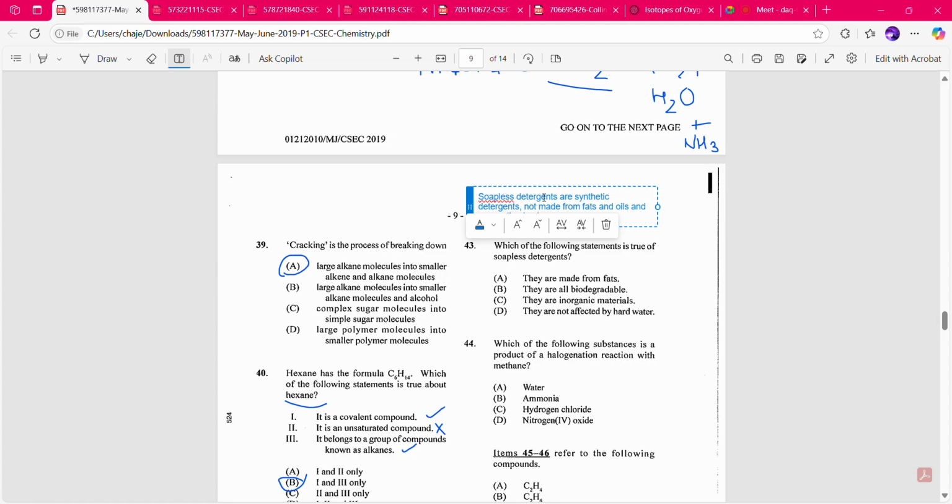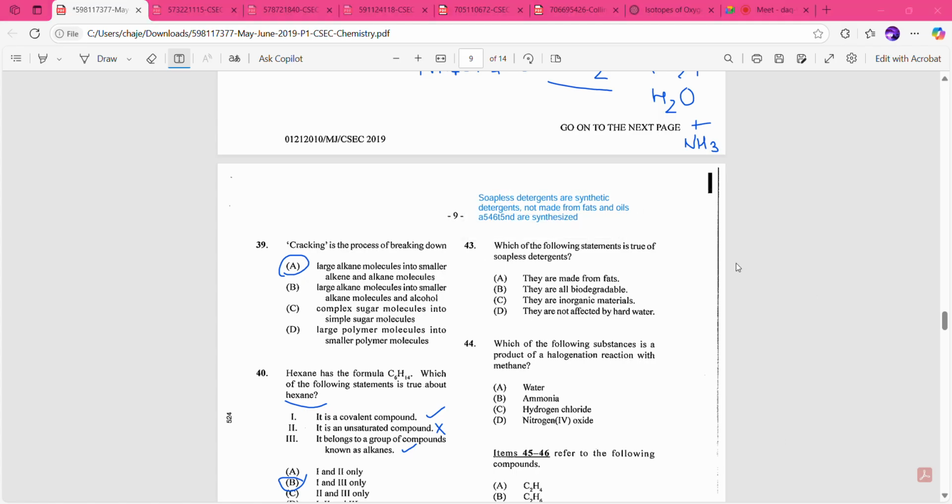A lot of soapless detergents, remember I gave you guys the example, are the big heavy duty ones, those laundry soaps. While soaps, soapy soaps, are for example bar soaps that you use on your body, like the pear soap. They're made from organic material and actual fats.